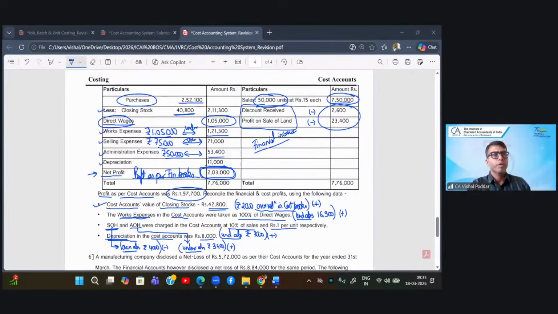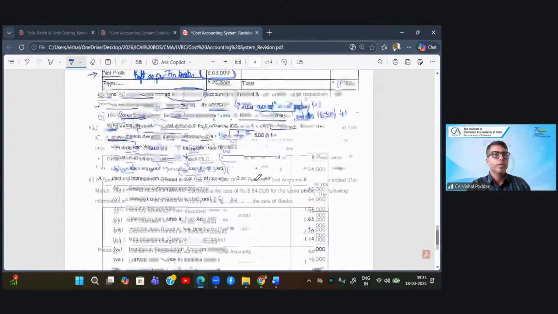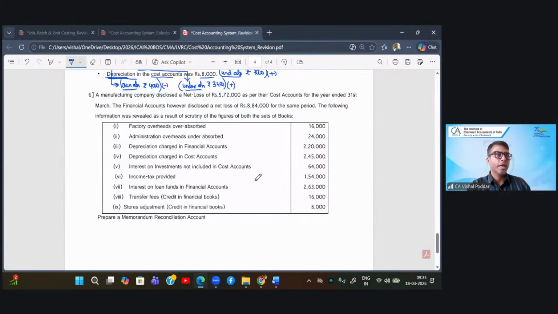Then, beta, there is some problem, because either under or over absorption has to be given in the question. Otherwise, if it is not given, then the balancing figure has to be under or over absorption. One of the sums will have some different treatment. Please don't get affected or carried away by that, otherwise your logic will go haywire. So keep a simple logic in mind, beta.